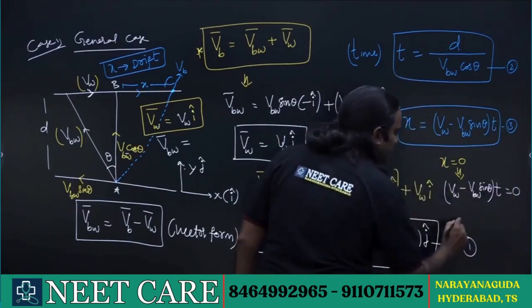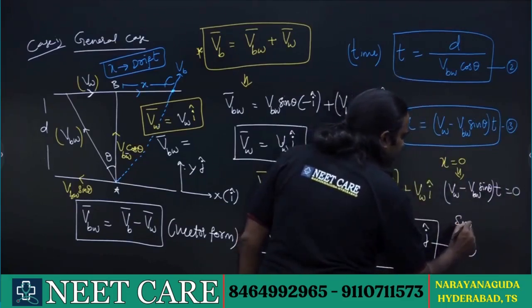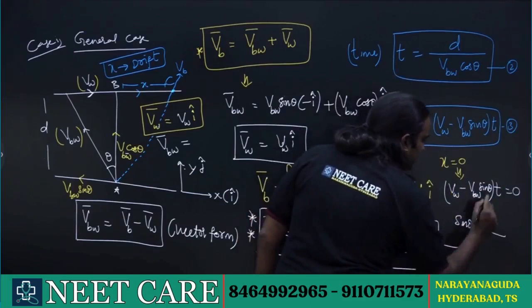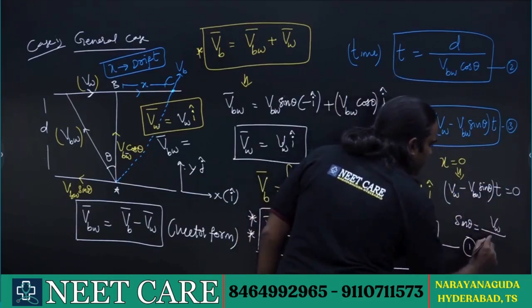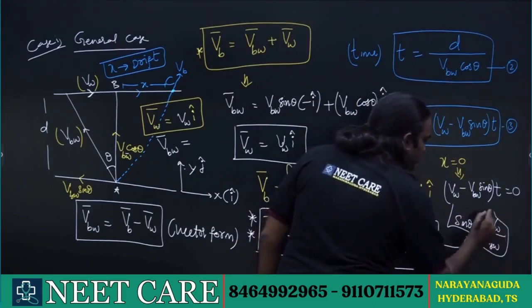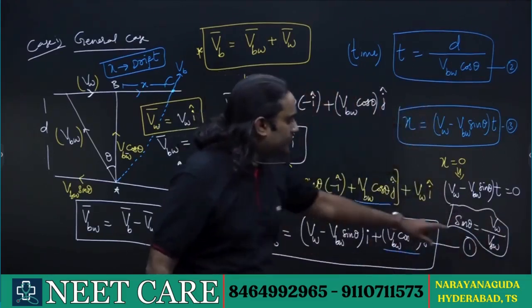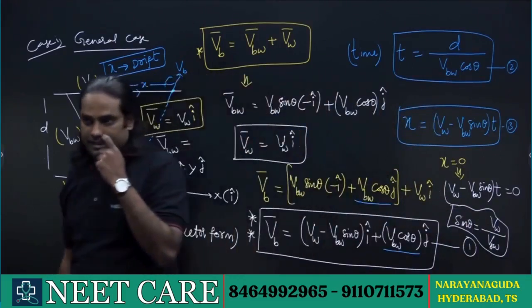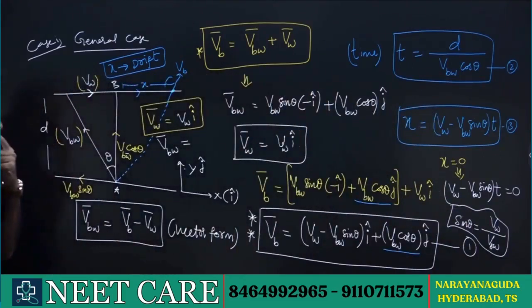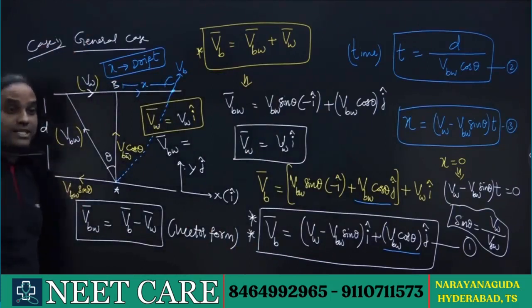From here try to take sin theta as the subject. Then you will get VW by VBW. So the selection of theta should be in such a way that sin theta is equal to VW by VBW, then the boat obviously reaches the other point in the shortest path.